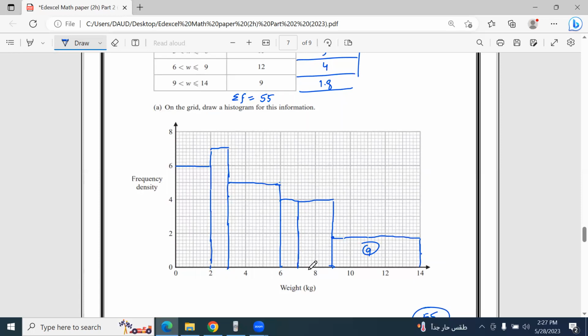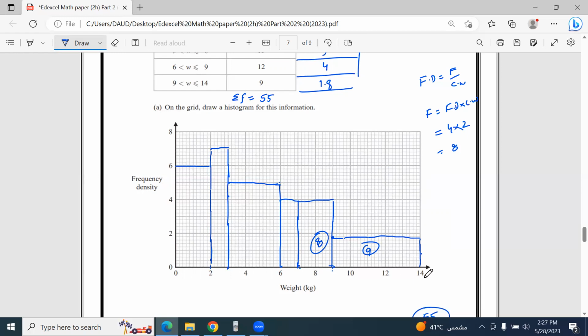Now we have class width 2. So remember that if frequency density is equal to frequency over class width, that means frequency is frequency density multiplied by class width. So frequency density is 4 and class width is now 2 from 7 to 9. Okay, so it means 8. So here we have 8.